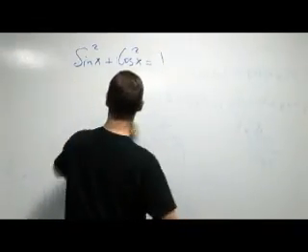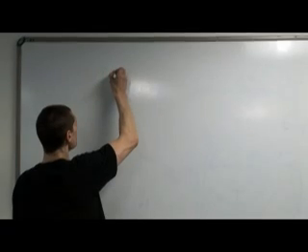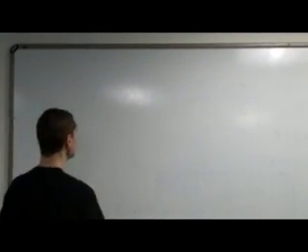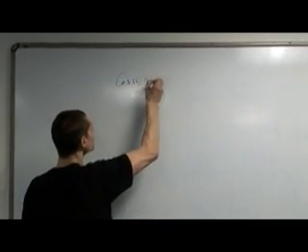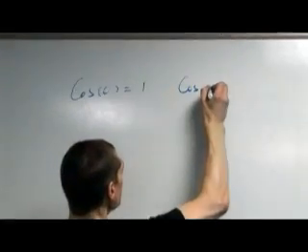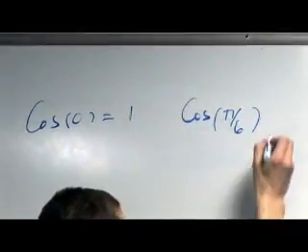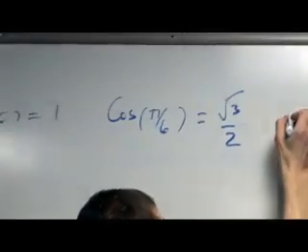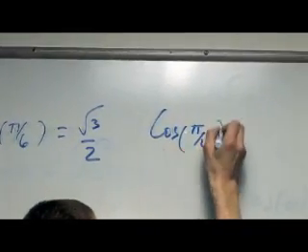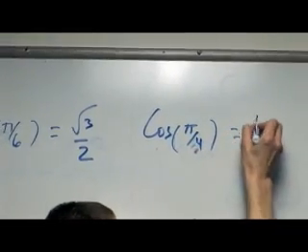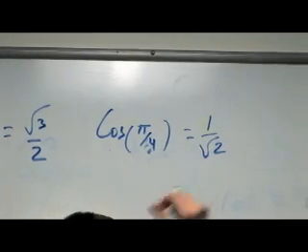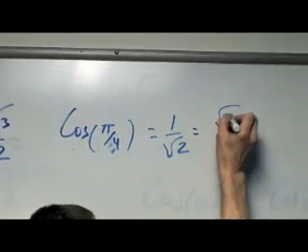So I'm going to remind you of some things that you absolutely need to know. And these need to be in your memory. It must be the case that you need to know that the cosine of 0 is 1. The cosine of pi over 6, which is 30 degrees, is the square root of 3 over 2. The cosine of pi over 4, which is 45 degrees, is 1 over the square root of 2, and some old people write it like this, the square root of 2 over 2.